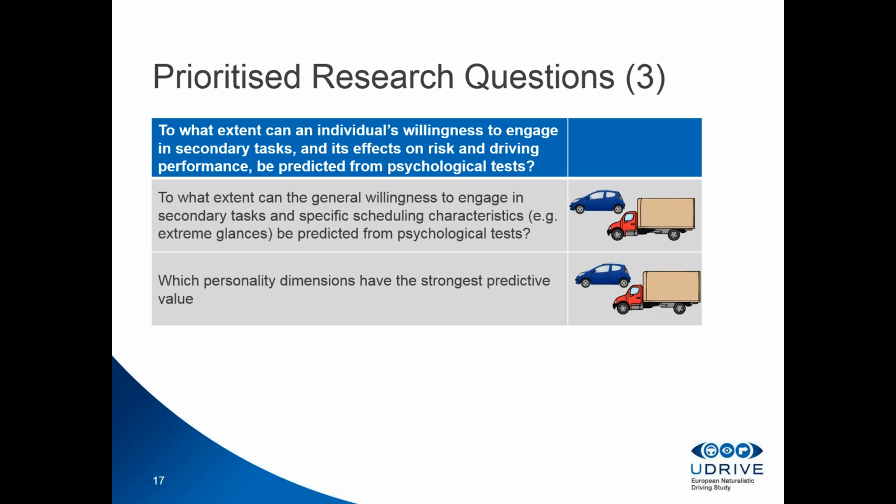We're using cluster analysis to identify clusters of our participants across various questionnaire factors, and then we can look at how well that might predict risk-taking behavior, including engagement in secondary tasks, because of course that allows us to tell the stakeholders, tell the politicians where they should be concentrating resources in persuading drivers to improve their behavior.